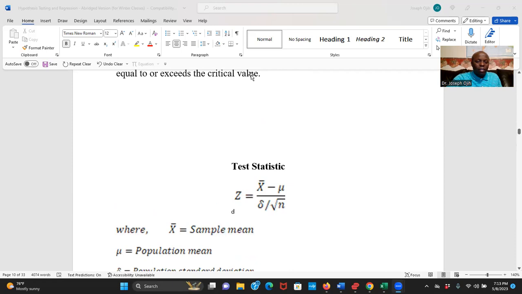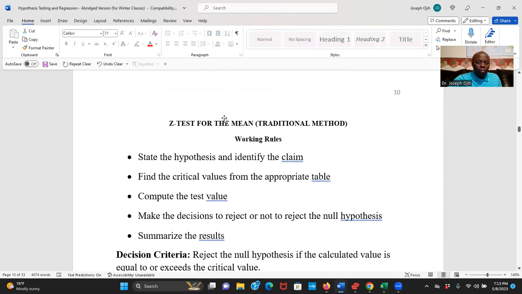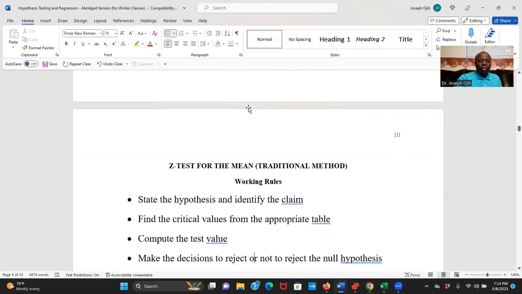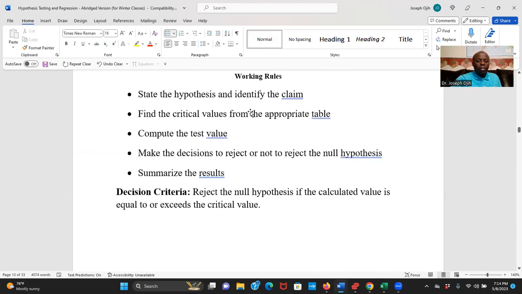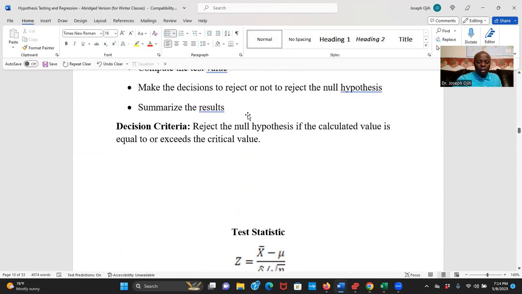Now, the test statistic we use when testing the null hypothesis is as follows.